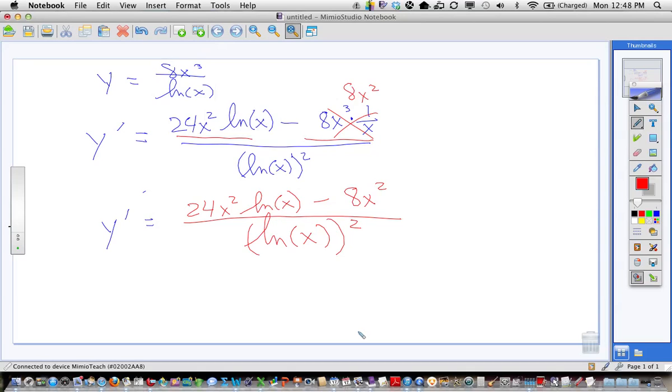So I think to set this equal to 0 would be better in this form than what Sam suggested where we split it apart. So if we split it apart, yes, it would allow us to cancel an ln x, so that might look a little nicer. But if we were setting this equal to 0 solving, we'd be better off leaving it here. And then say, okay, now set the top equal to 0 and then go from there. So that's one of the reasons I don't get too caught up in reducing from there.